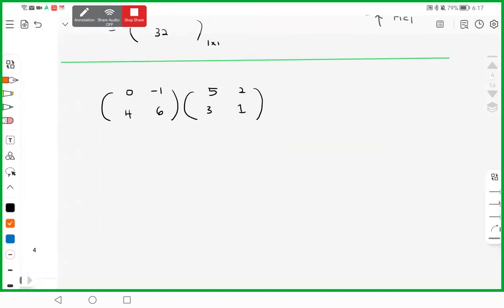Same question. If it's 2 times 2, 2 times 2, for sure can, right? Because it's a square matrix. Then the outcome is also 2 times 2, meaning 2 rows, 2 columns. So there are a total of 4 elements.